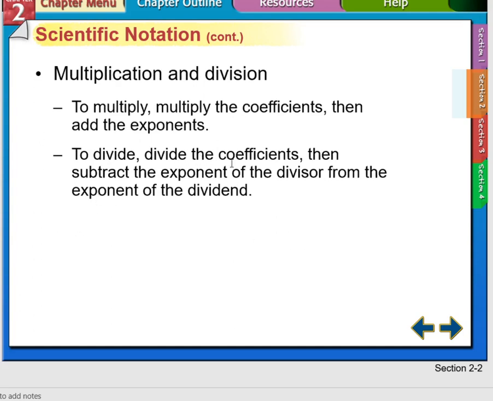But I will address this real quickly. If you want to divide or multiply things that have the same base, say 10 to the third times 10 to the fifth, you add, so this would be 10 to the third plus 5, which equals 10 to the eighth.